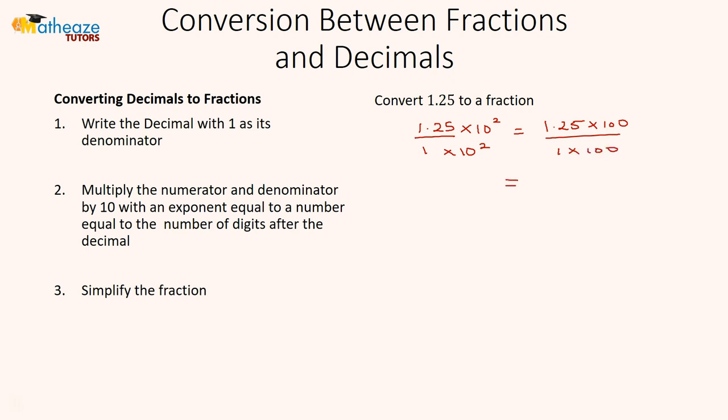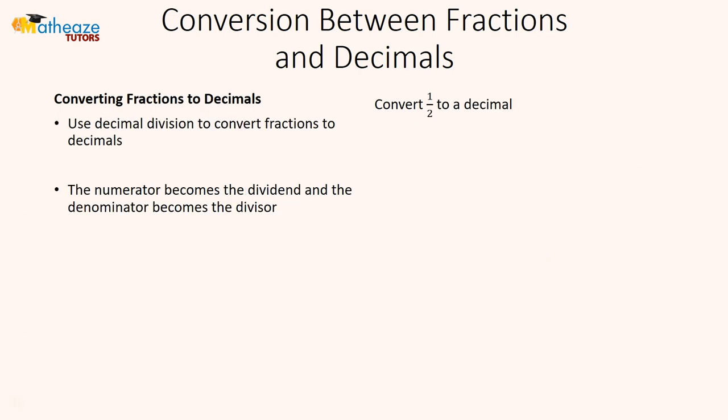This is going to be 125 over 100. Divide by 5, we have 25 here, we have 20. Divide by 5, we got 5, we have 4. We can no longer simplify, so this is 5 over 4.